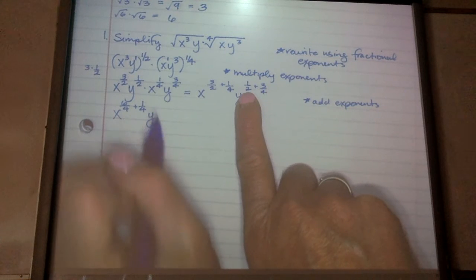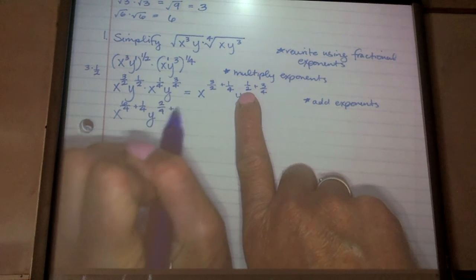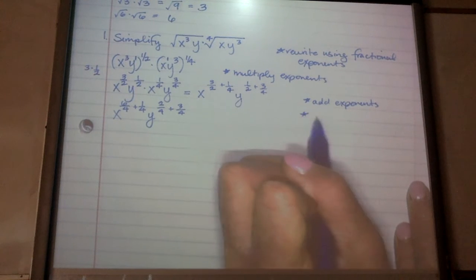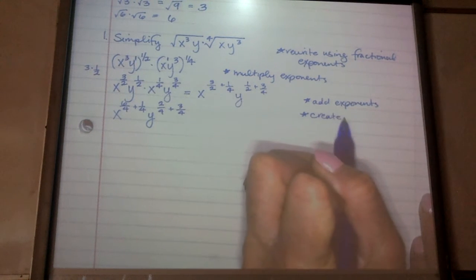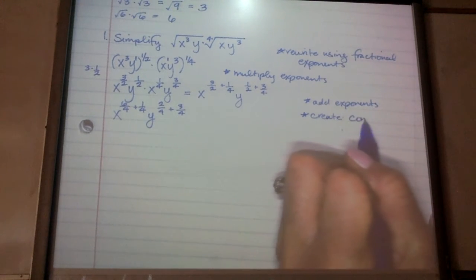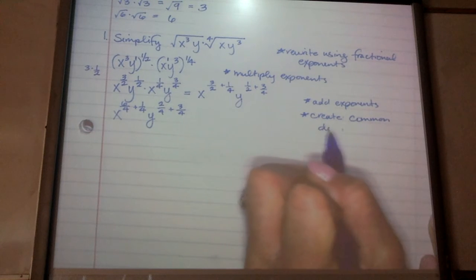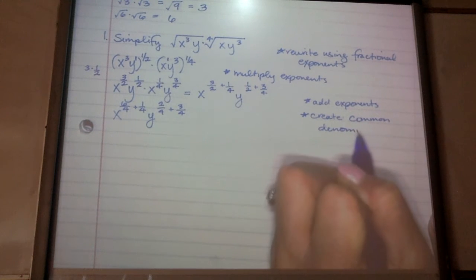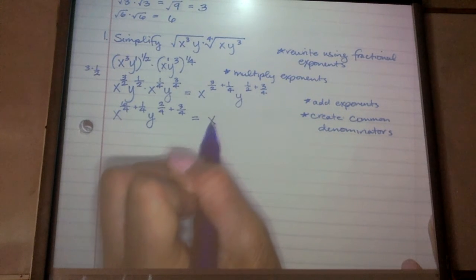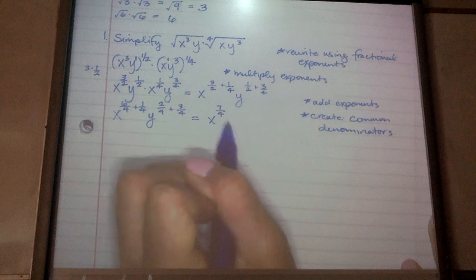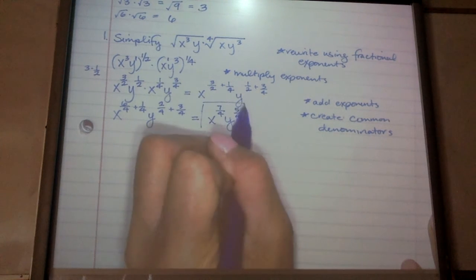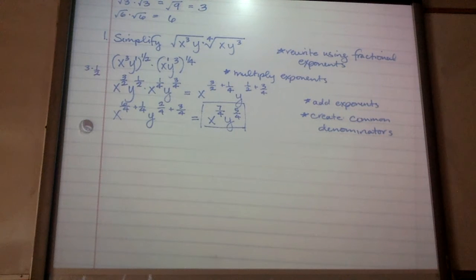I've got to make this one into 4, so that would be 2/4 plus 3/4. So my final answer would be x to the 7/4 and y to the 5/4. And that, my friend, is my answer.